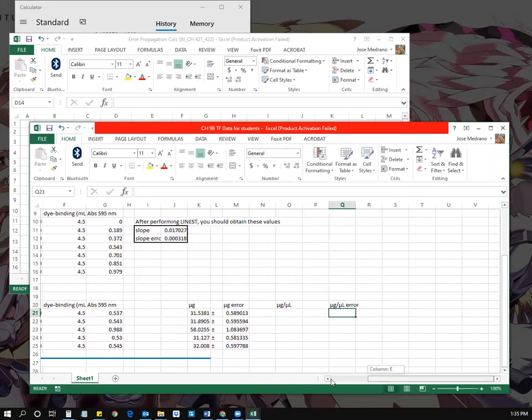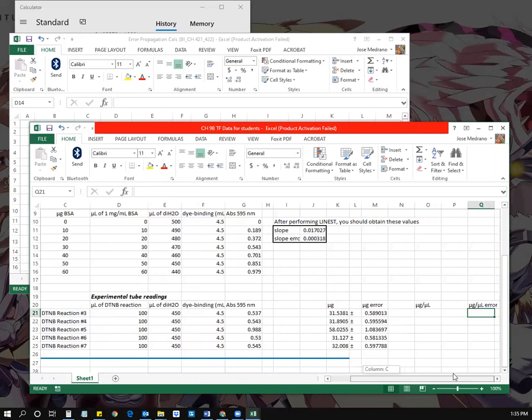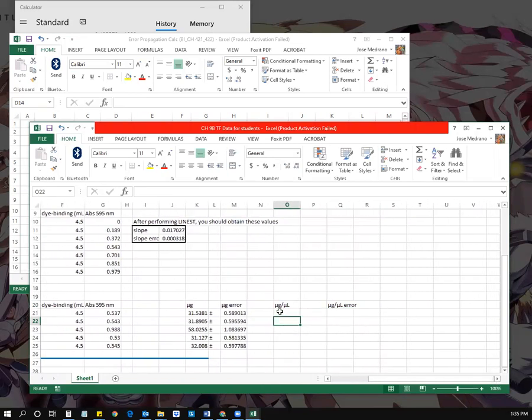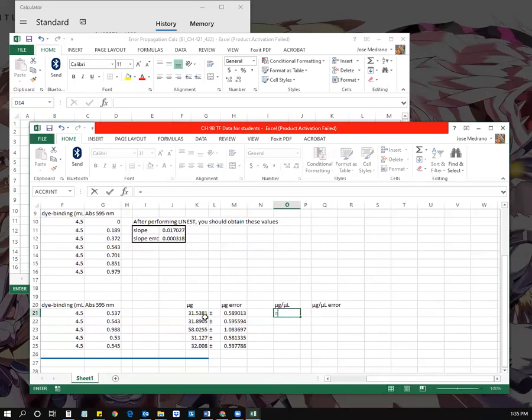And because all of these samples were a 100 microliter sampling, I will just take everything and say equals that value divided by 100 for that entire column. And then include the plus minus symbol here for good measure. And then also divide the error by 100 to get the corresponding micrograms per microliter concentration.